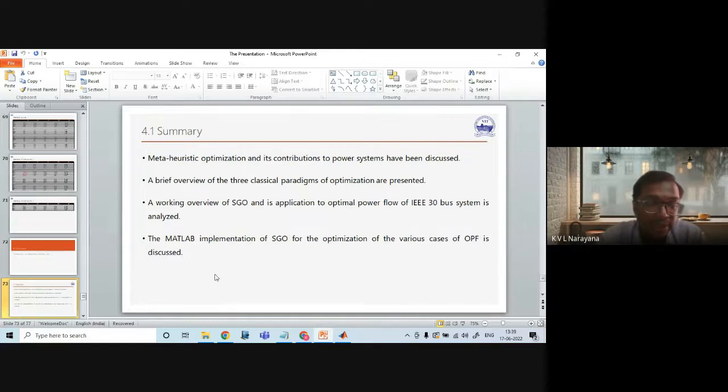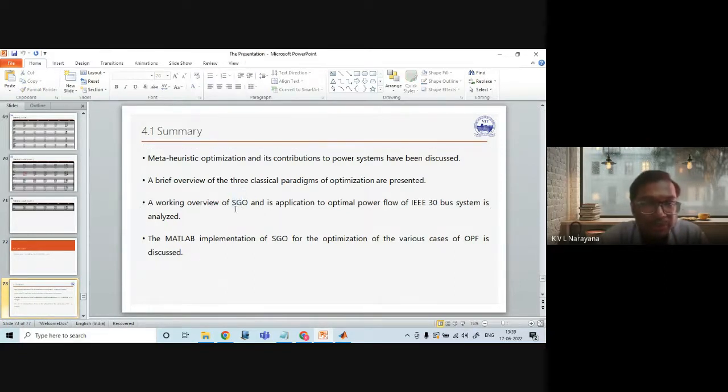At the end, I have shown the MATLAB implementation of social group optimization and the mathematical modeling of the taken problem, and we have seen the results. We have compared with other algorithms to see the performance of the algorithm, that is SGO, not proposed by us, proposed by someone else, but here we have taken it for explanation.